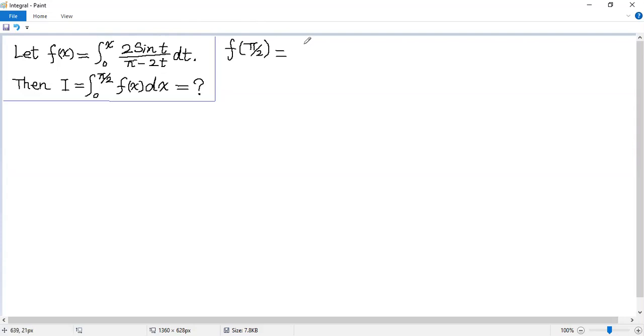So we get the integral from 0 to pi over 2 of 2 sin t over pi minus 2t dt.